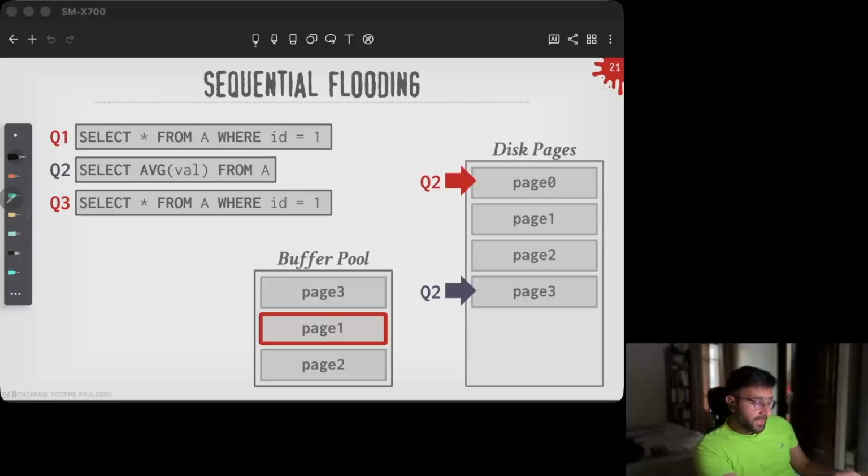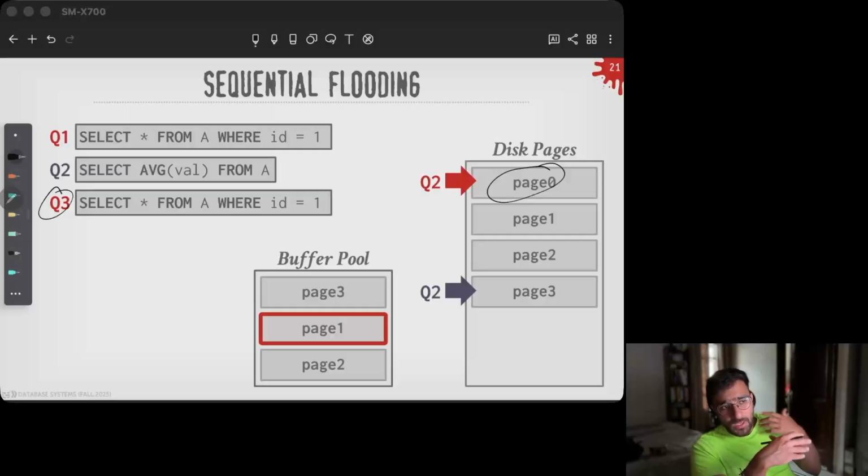Let's say again an identical query to Q1 shows up, which is Q3. So again it is on your hot path, let's say Taylor Swift's Twitter account, and it tries to read the same data. We're not saying how we got there, but let's say it knows that the particular data is in page 0.